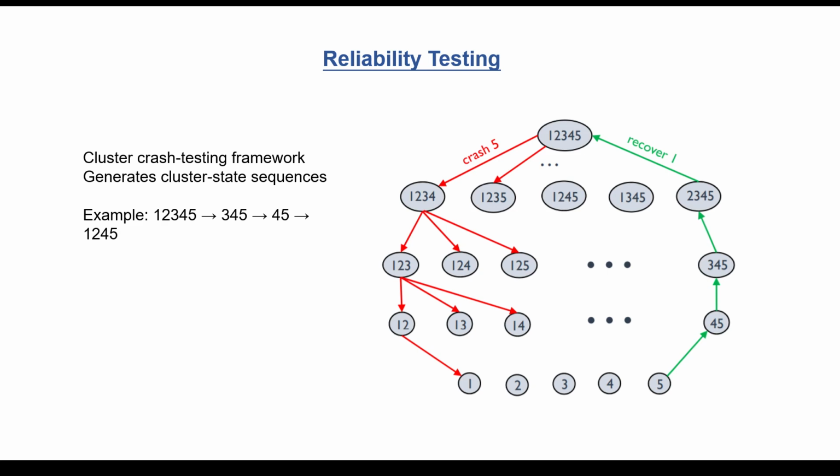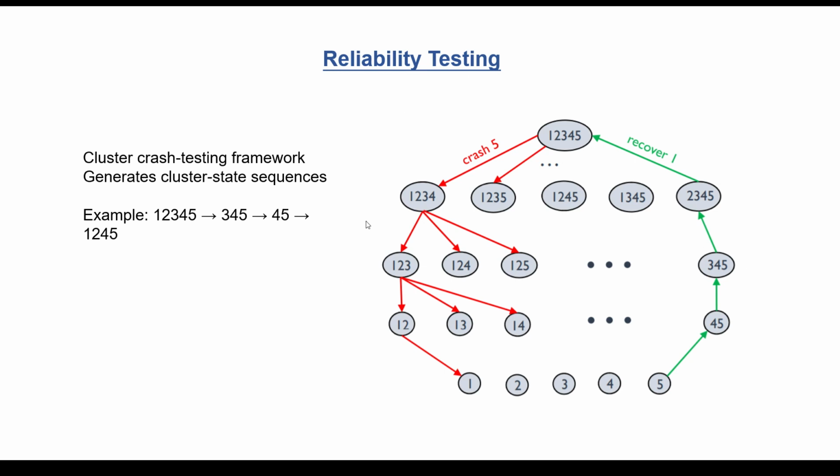Now let's look at some reliability testing. First, they created a cluster crash testing framework that turns events like crash or recovery into a sequence, so they can test the system continuously.